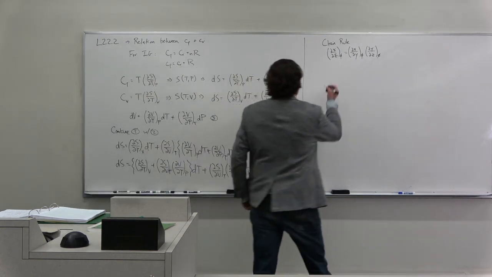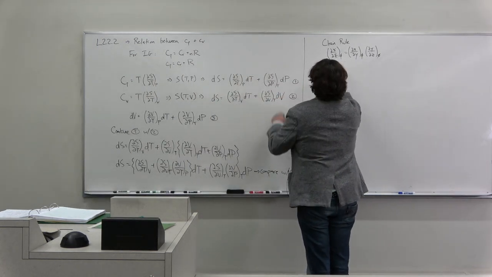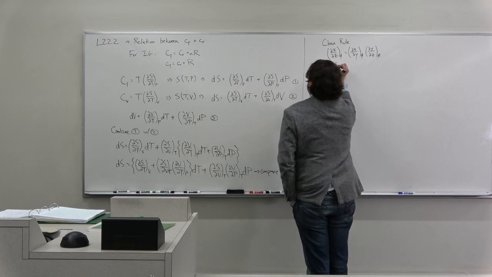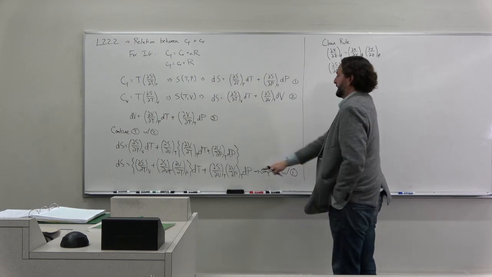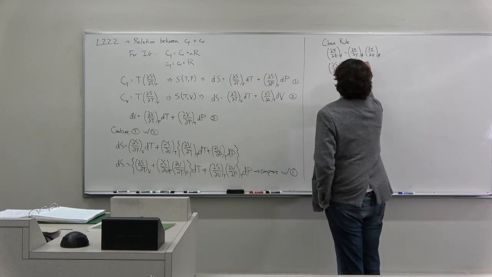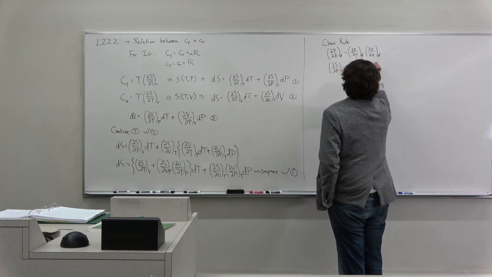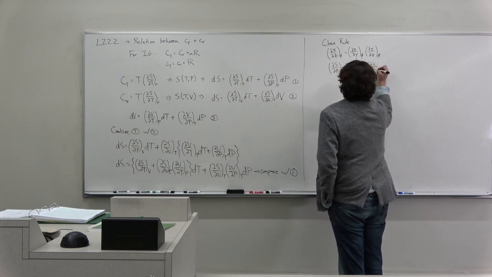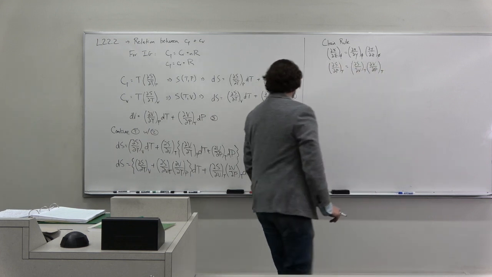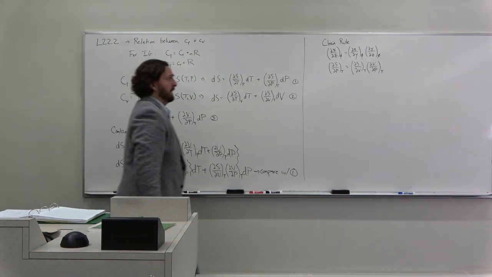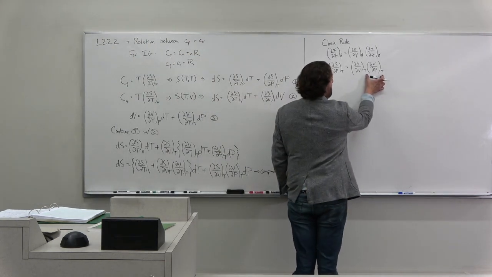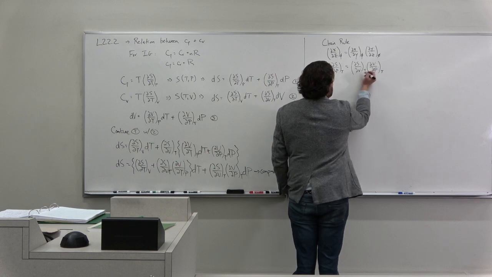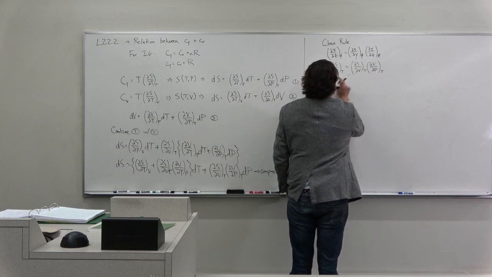And so you can see by the chain rule that our partial s, partial p at constant t is the same thing as partial s, partial v at constant t, partial v, partial t, partial p at constant t. Right? So since the t's are both identical, the partial v's cancel, and we get this.